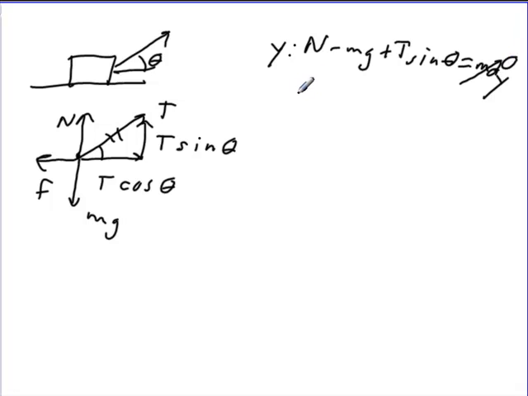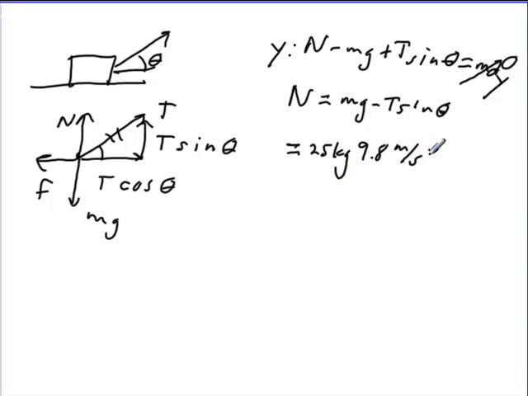So in this case the normal force is only mg minus t sine theta. Let's actually figure that out in this particular case. So that is 25 kilograms times 9.8 meters per second squared minus 105 newtons times the sine of 20 degrees.